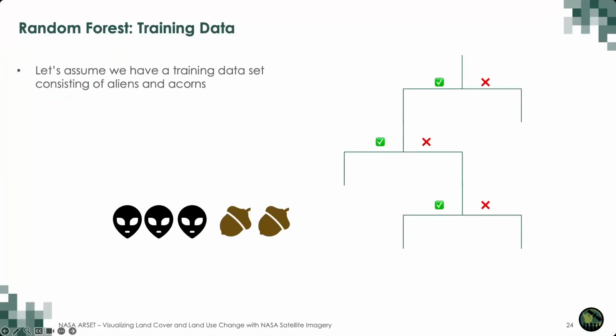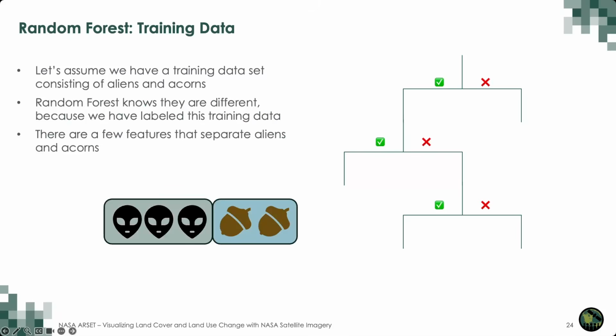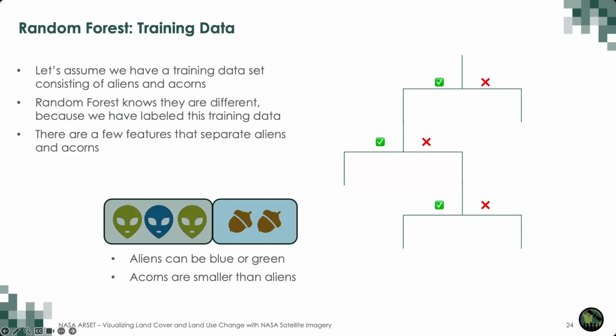To see how this works, let's assume we have a training dataset which consists of aliens and acorns. Random forest knows that they are different classes because the training data is labeled with class information. There are some features which separate the aliens and acorns in our training data. Aliens can be blue or green, and acorns are smaller than aliens.